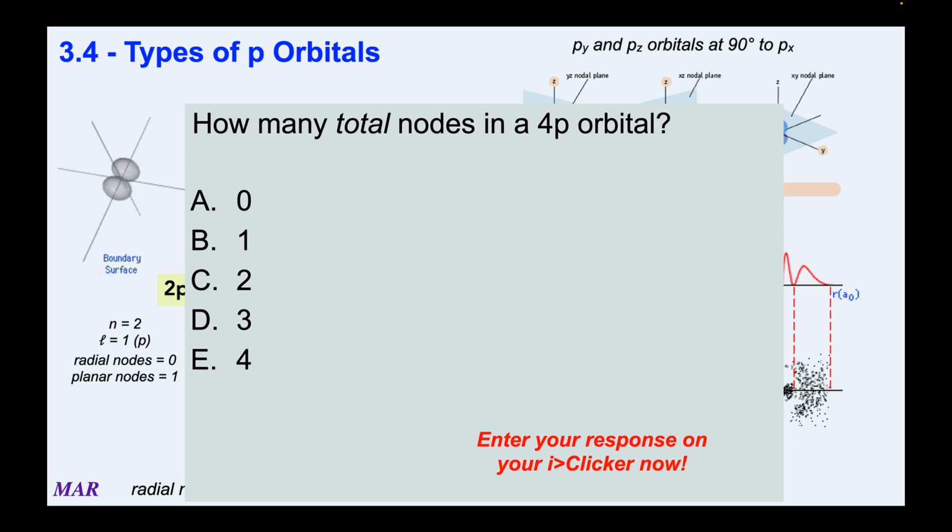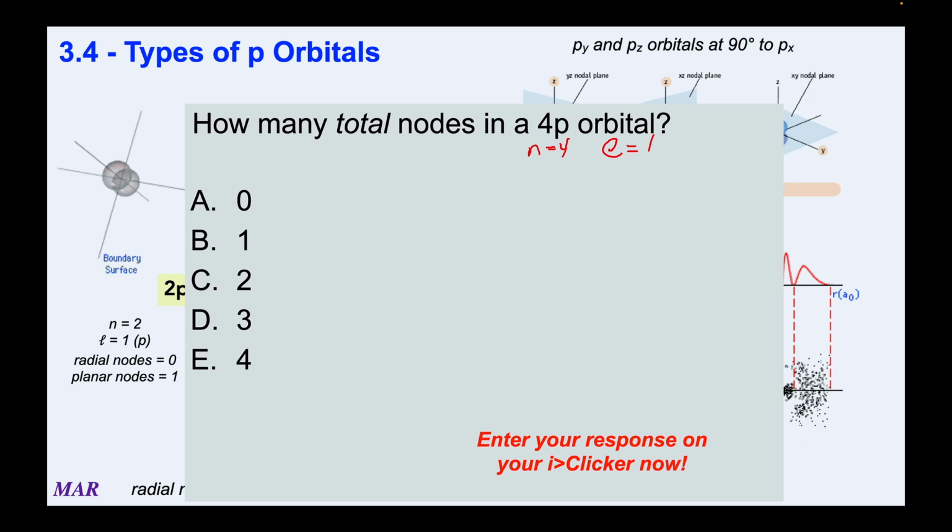So the question here is how many total nodes are in a 4p orbital? Now, 4p means n equals 4. That's what the 4 means. And SPDF, P, means L equals 1. So the number of planar nodes equals L. There's going to be one planar node. And spherical nodes, or radial nodes as they call them in this book, n minus L minus 1.